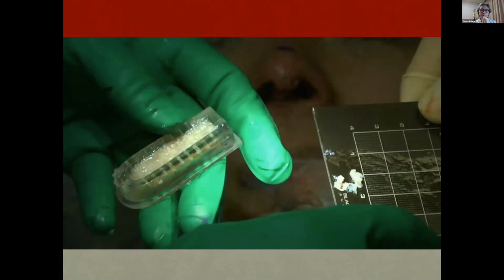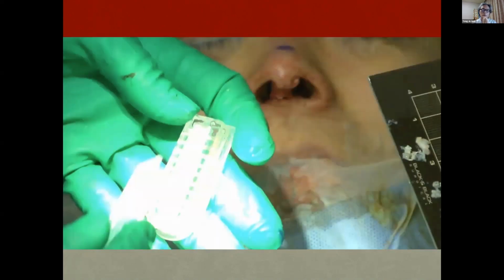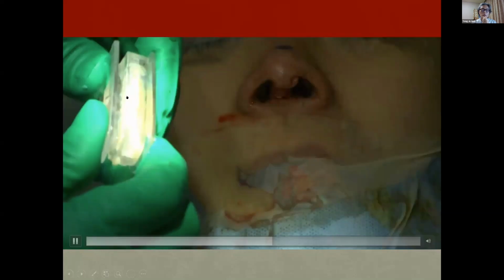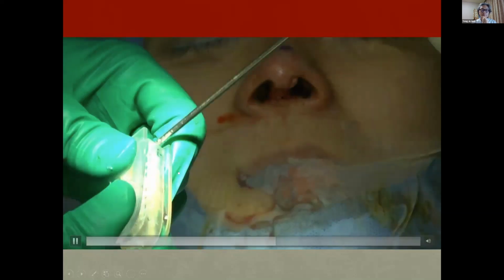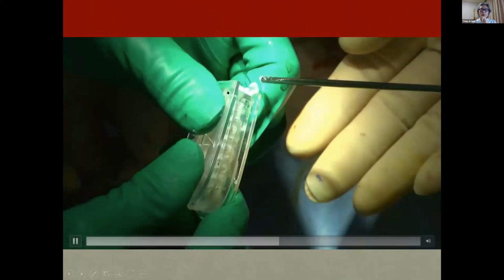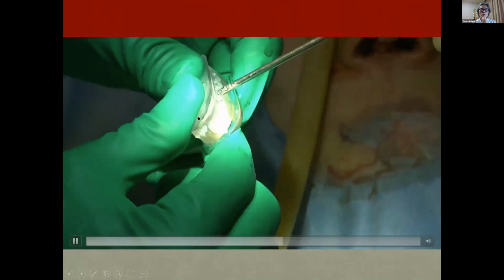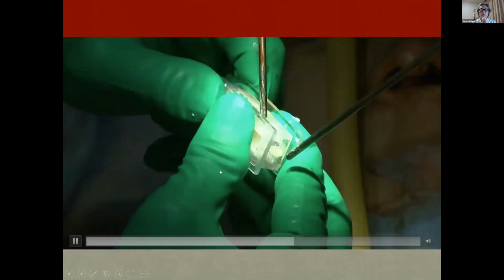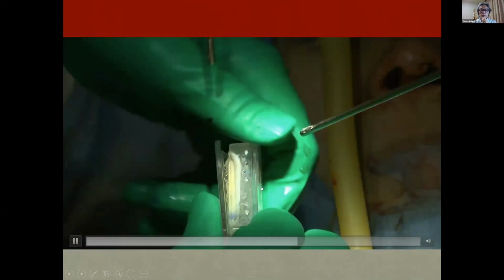So as a final step, I squeeze it out with this compressor. There's a hole here, so you can easily remove the excess glue and fluid around the diced cartilage.